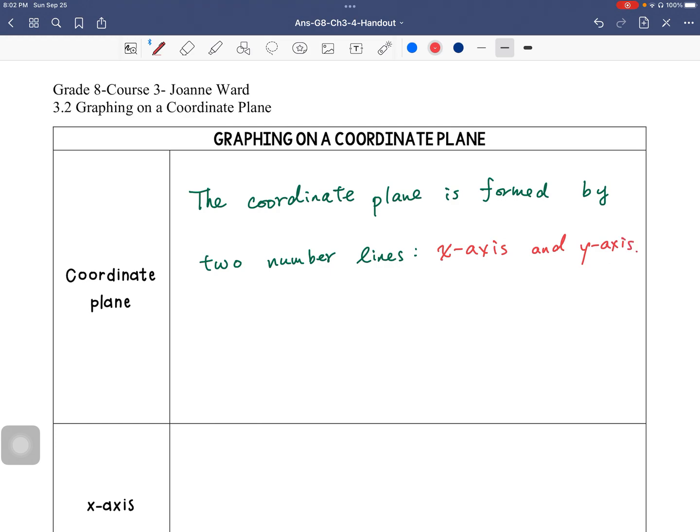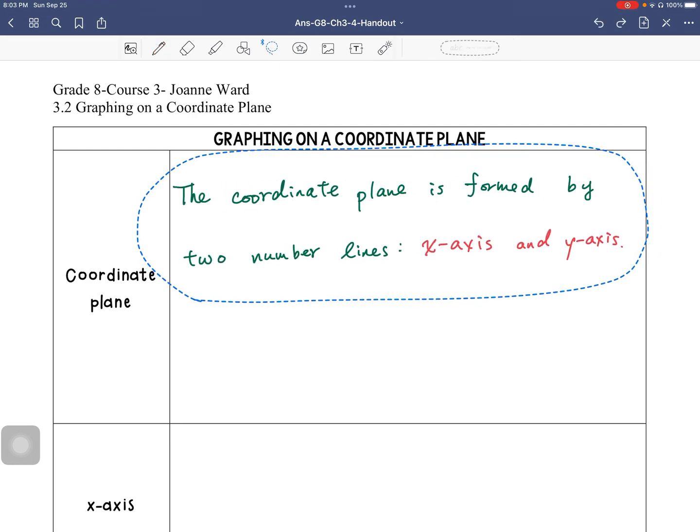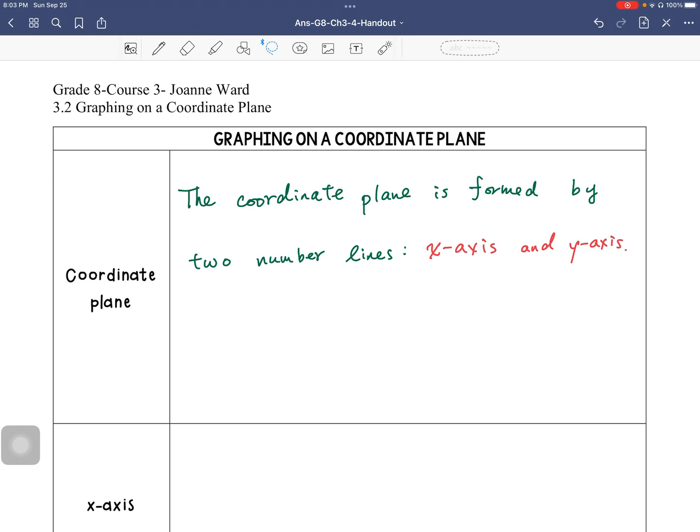Okay, so the coordinate plane is formed by two number lines, x-axis and y-axis.